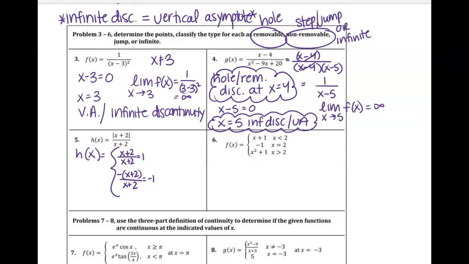And then you have to look at where it splits. So if we look at what's inside our absolute value, set that equal to 0. So this will split when x equals negative 2. So we're going to have an x and a negative 2 for both of these pieces. It's just which is less than and which is greater than.